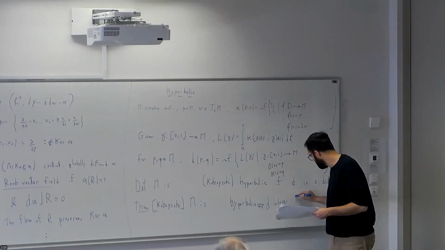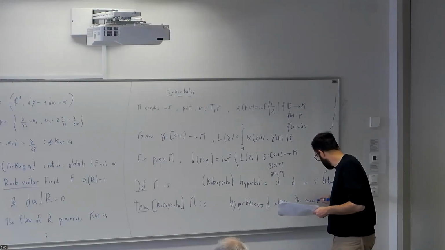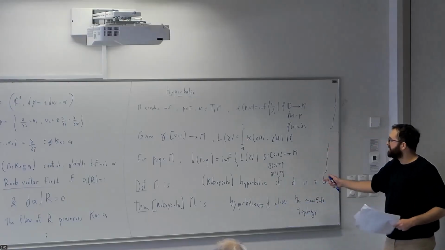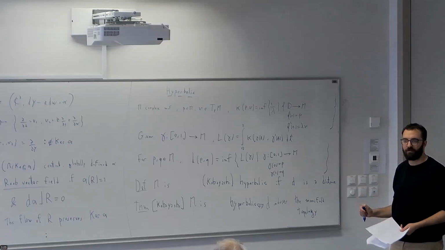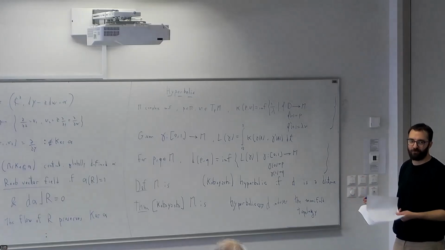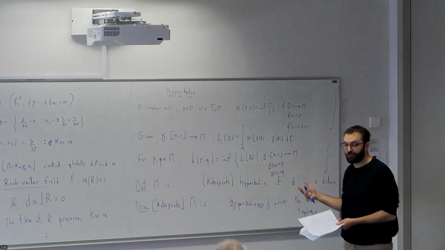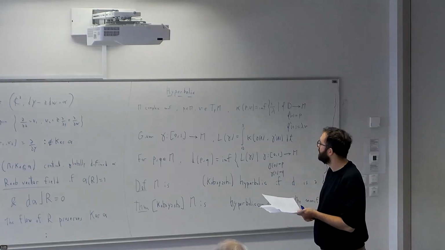Of course, I have this distance, which in principle has little to do with the topology of M. It turns out that when it is a distance, then it's a distance which respects the topology of M.